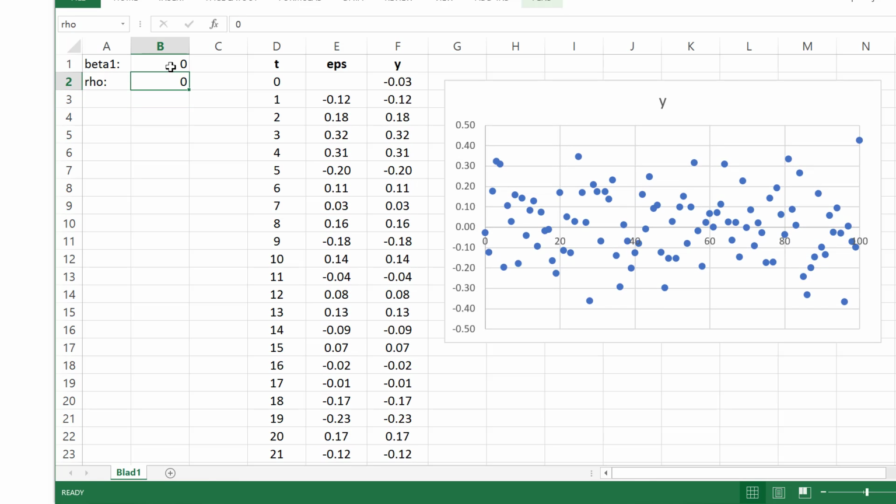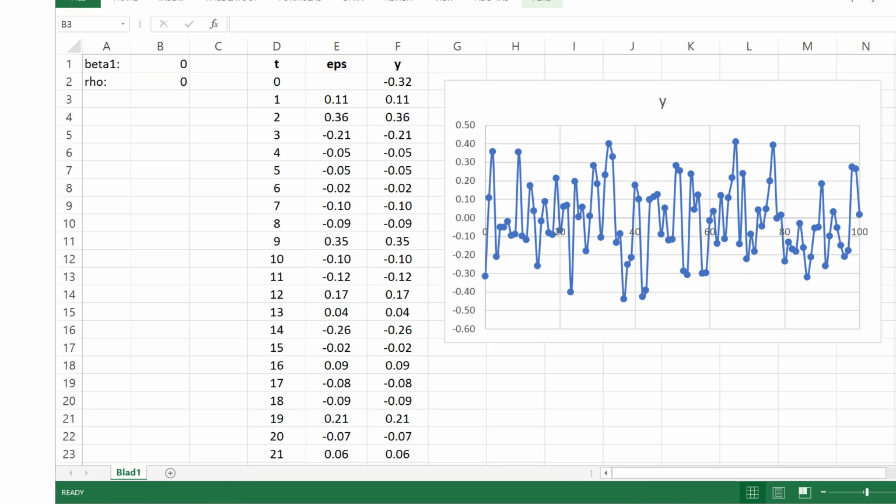We can actually also make rho negative, and that would introduce a negative covariance. A negative covariance would mean that whenever yt is bigger than 0, it's more likely for yt minus 1 to be less than 0. In order to see this, I've added lines between these points.